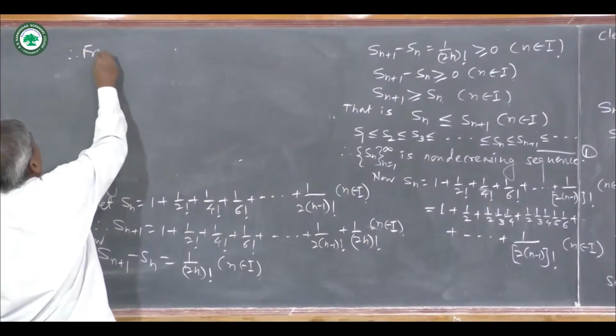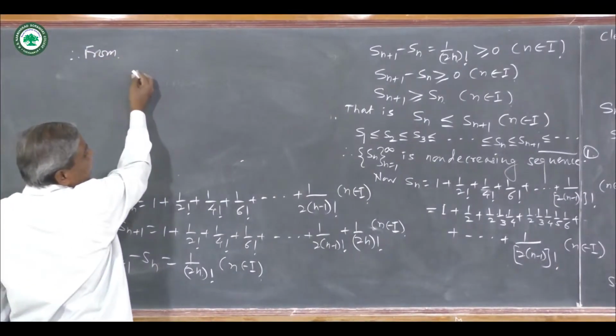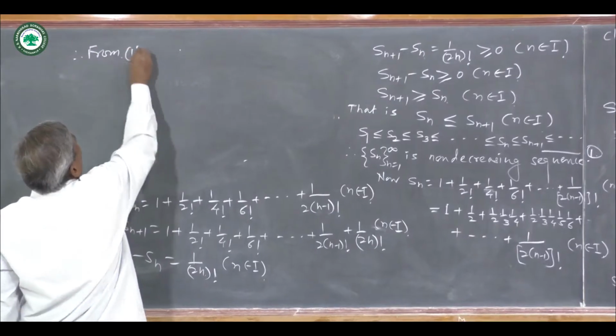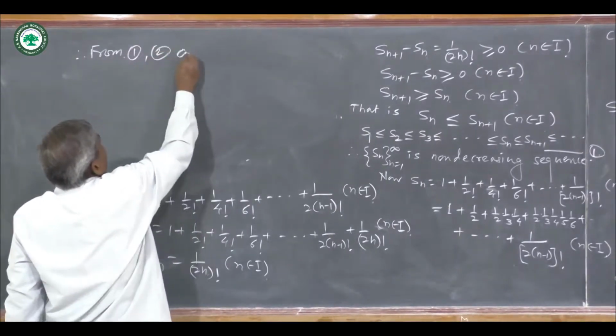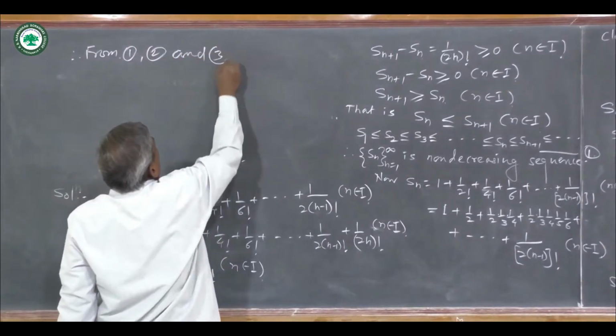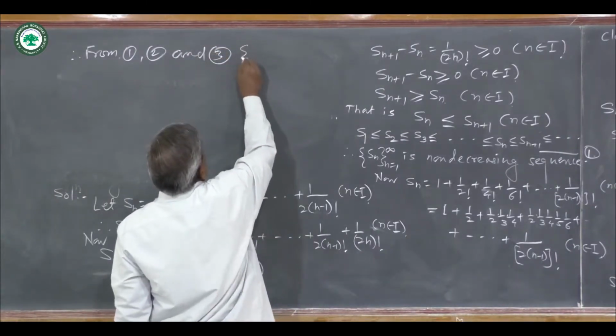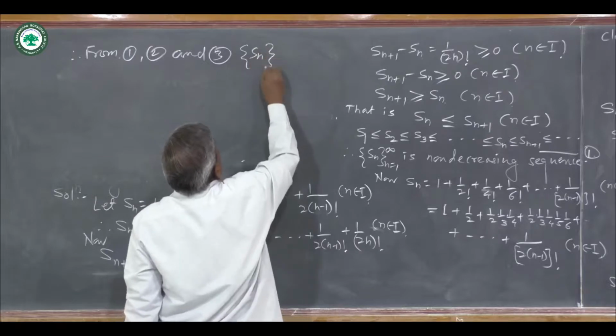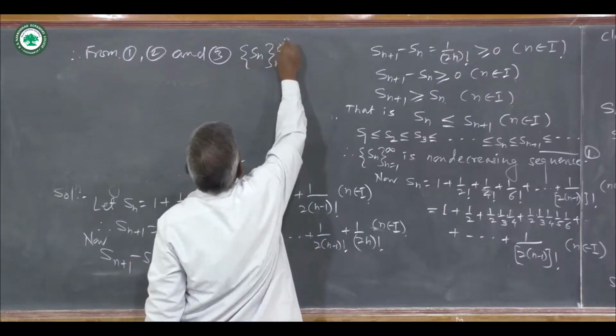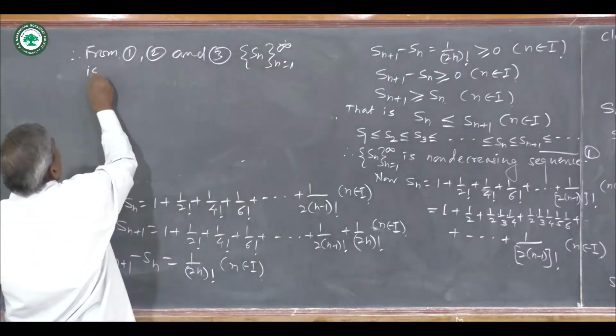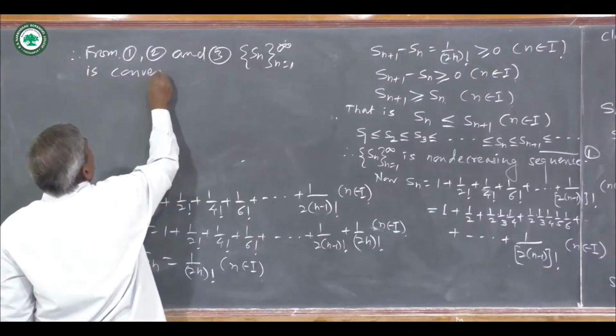Therefore, from 1, 2 and 3, the sequence Sn, n equal to 1 to infinity, is convergent.